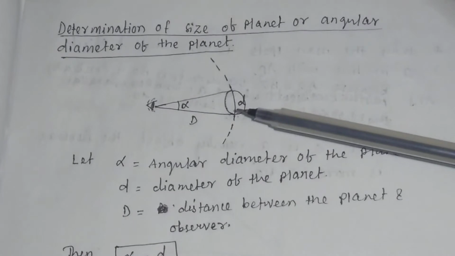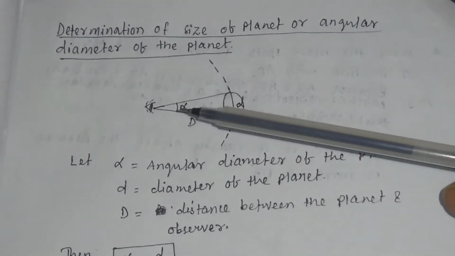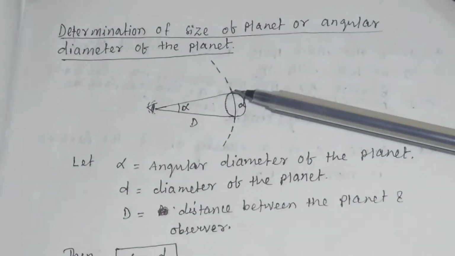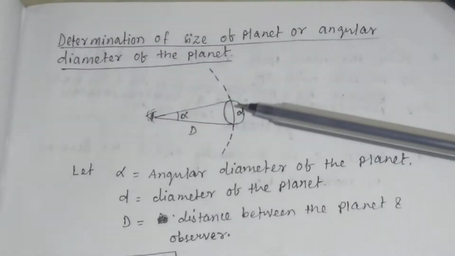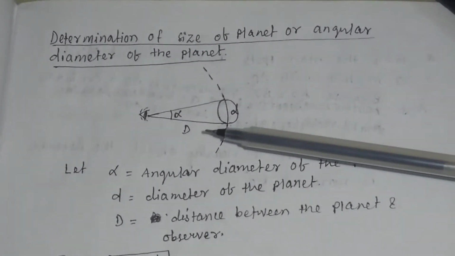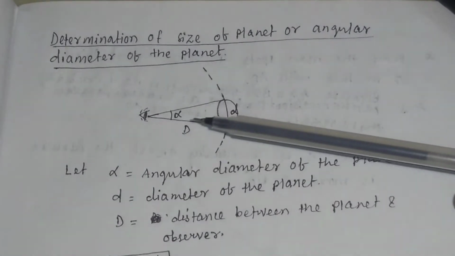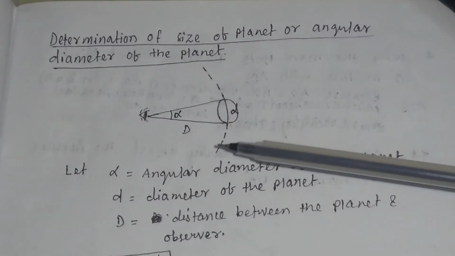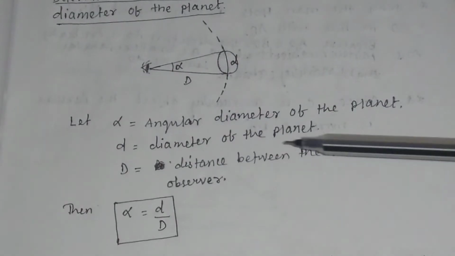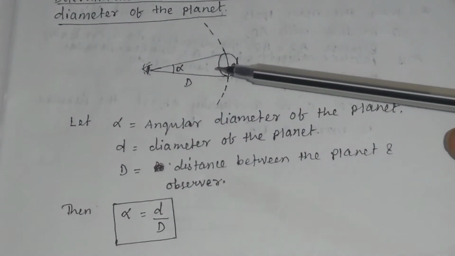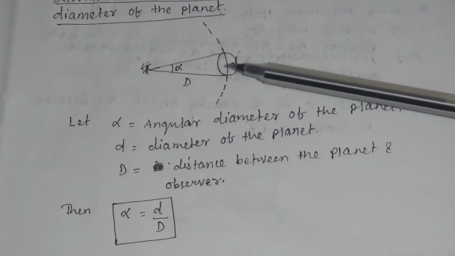Here alpha is the angular diameter of the planet, and small d is equal to the diameter of the planet. Capital D is the distance between the planet and the observer. And from the figure it is clear that alpha will be equal to small d divided by capital D.